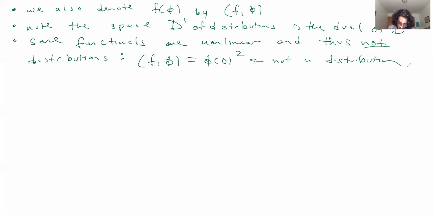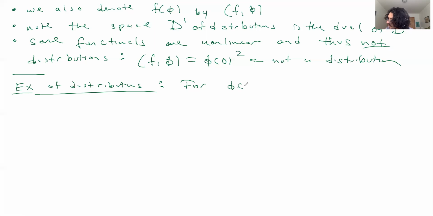Okay, let's do just a couple examples and then maybe out of time, okay? So some examples of distributions, okay? So let's take phi living in D, and one possible distribution is just the integral, right, of a test function, right?